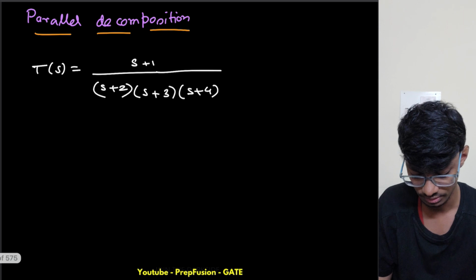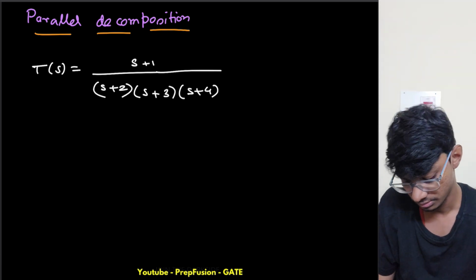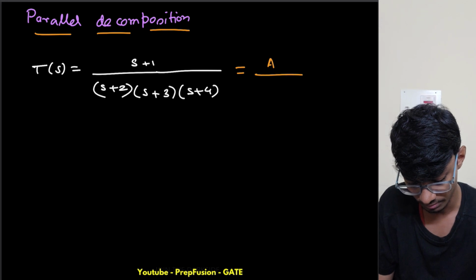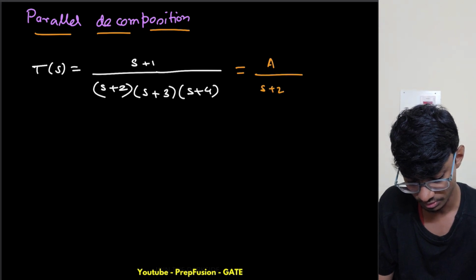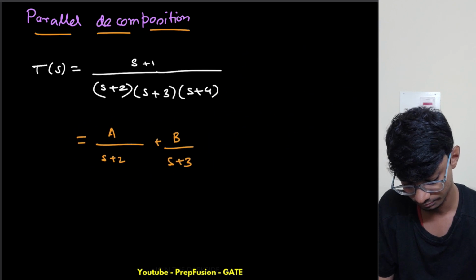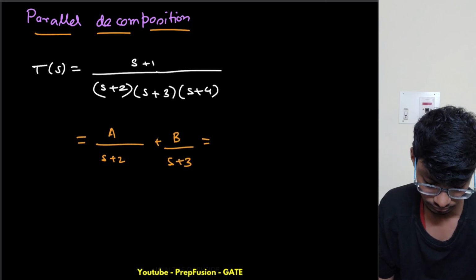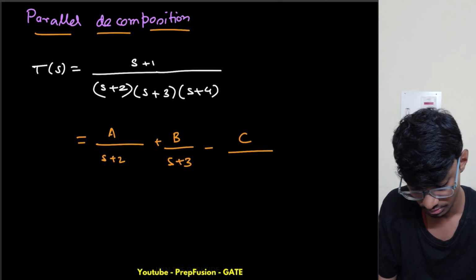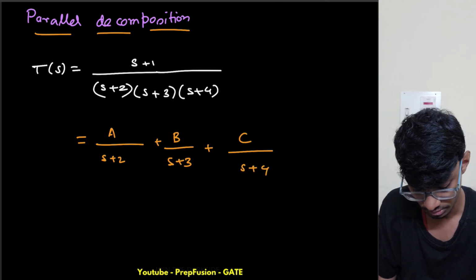What does this mean? This will be divided into partial fractions: A by s plus 2, plus B by s plus 3, plus C by s plus 4.